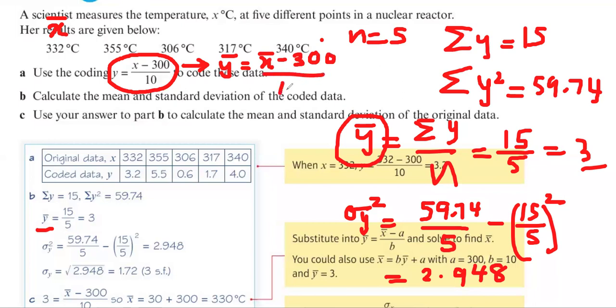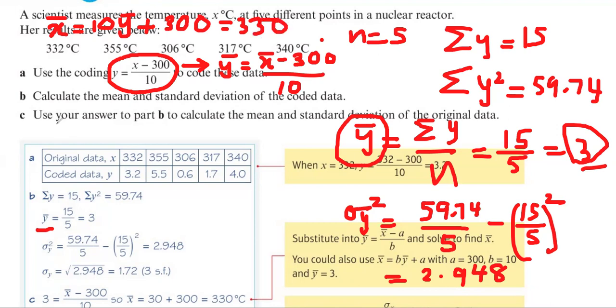Minus also affects it, yeah. Then this time you have to find x bar, therefore you have to make x bar the subject. What is x bar? 10 y bar plus 300. Then you can find x bar. How? Y bar equals 3, no? Substitute, 330, like this.